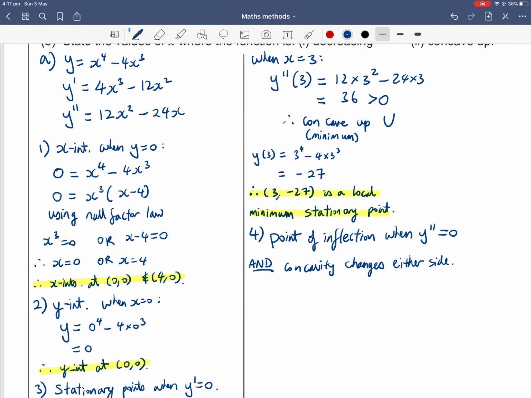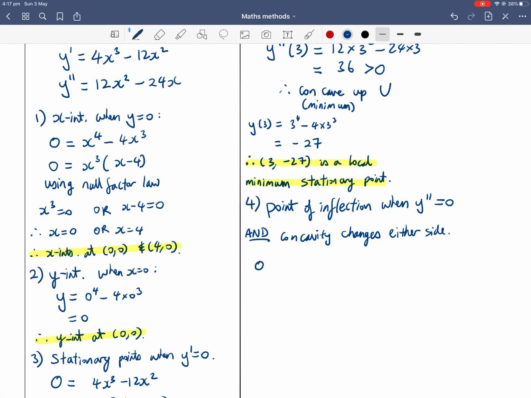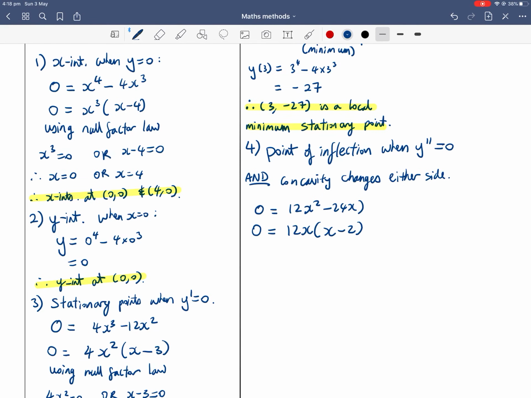So we need to solve for y dash dash equals 0. So we're solving for 0 equals 12x squared minus 24x. I'm going to factorize it out. So 12x, I'm left with x minus 2. So using the null factor law, we have 12x equals 0 or x minus 2 equals 0.